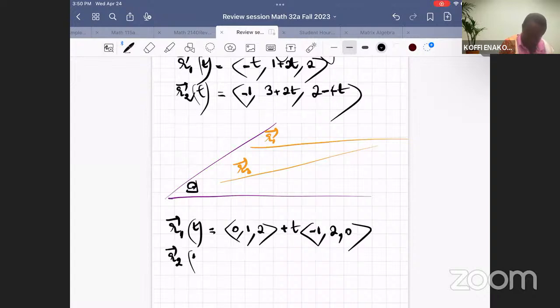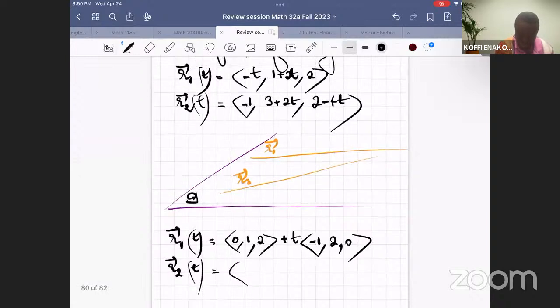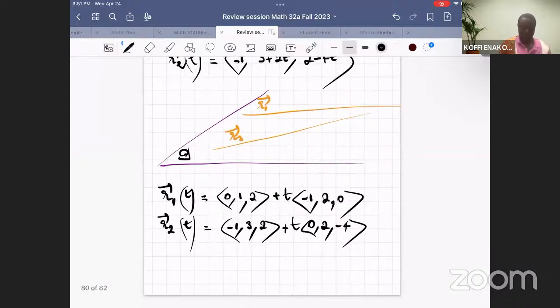And I'll have R2 of t, which will give me negative 1, the second one is 3, and the third one 2, plus t scalar multiplied by 0, 2, and then negative 4.